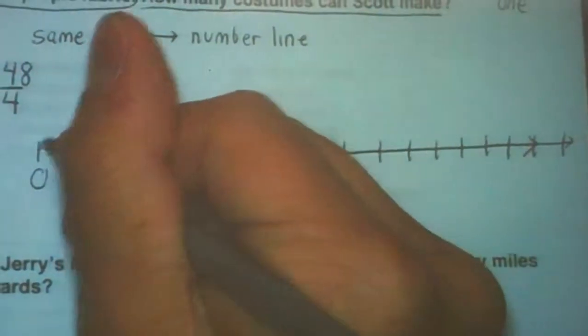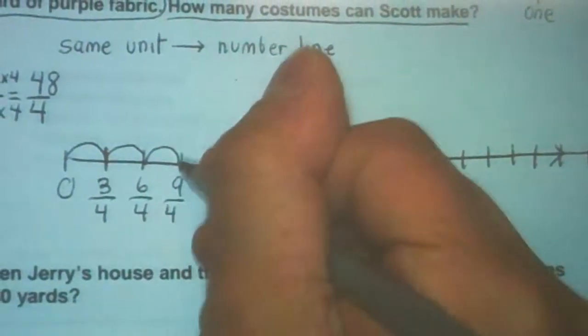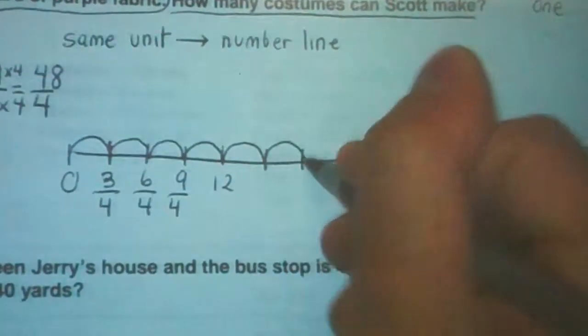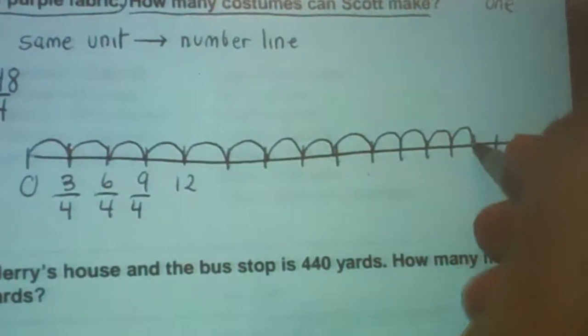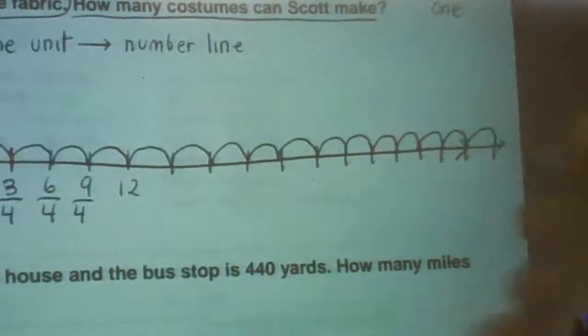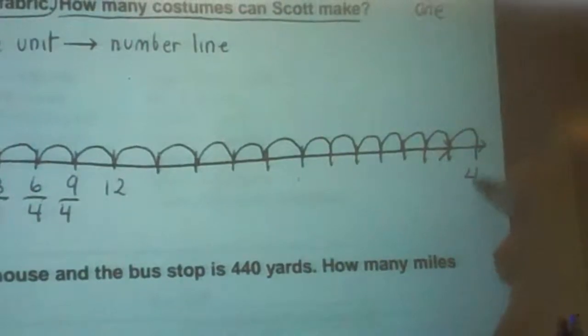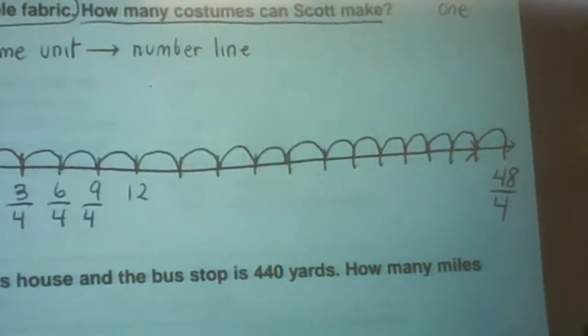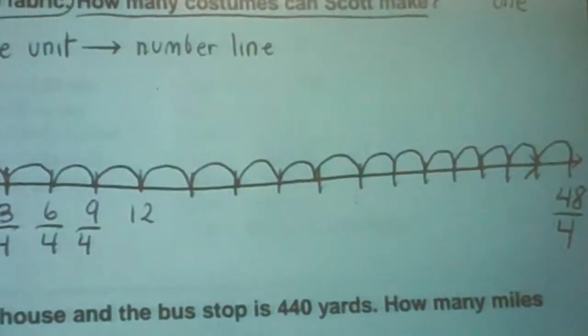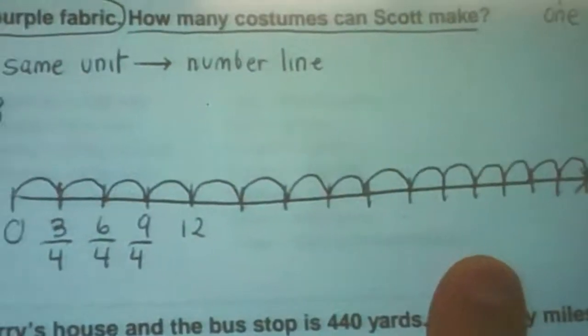And if you counted the jumps, 1, 2, 3, 4, 5, 6, 7, 8, 9, 10, 11, 12, 13, 14, 15, 16 jumps would get you to 48/4.